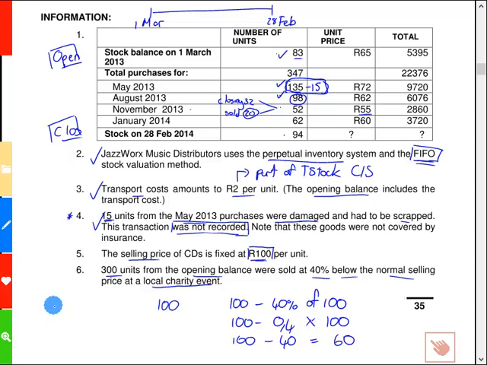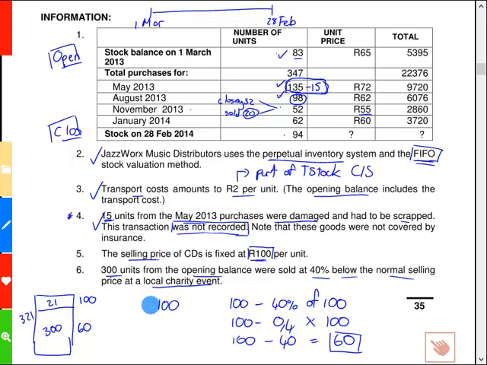So we had a batch here of 321 units, alright, and we know that most of them were sold at 100 Rand, but 300 units were sold at 60 Rand. So of all the 321 units, 300 of them were sold at 60 Rand, and the remainder, the 21, would be sold at 100 Rand.